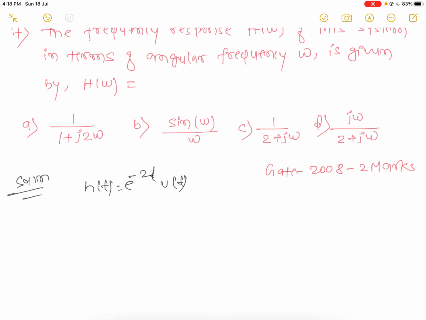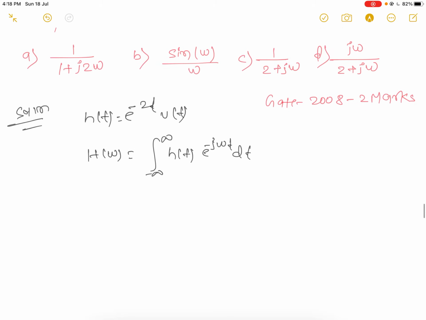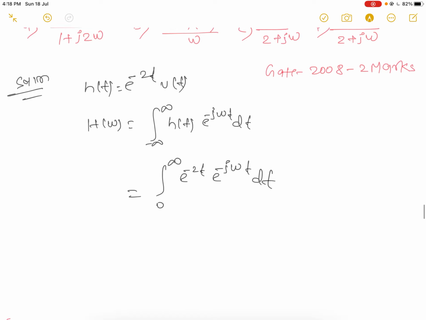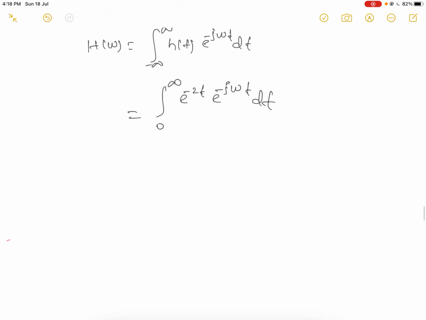H(omega) equals the integral from minus infinity to infinity of h(t) e to the minus j omega t dt. Then, since it is the unit step signal, it will be defined from 0 to infinity only, with e to the minus 2t and e to the minus j omega t dt.